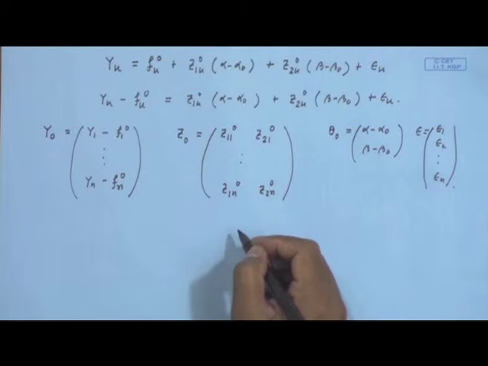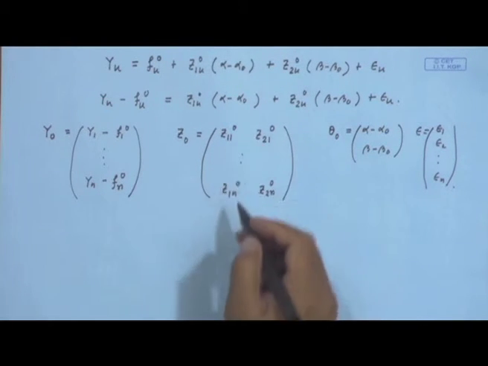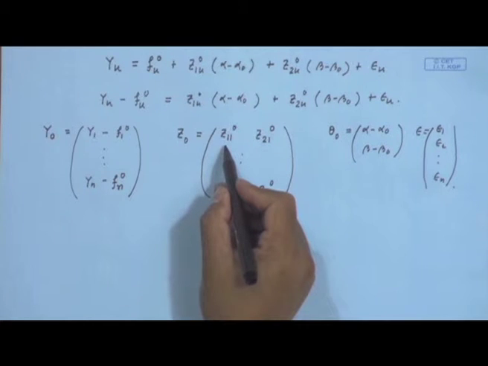I am sure that you understand the meaning of this one. See, this one is the partial derivative of the nonlinear function f with respect to alpha at the point alpha naught, beta naught.